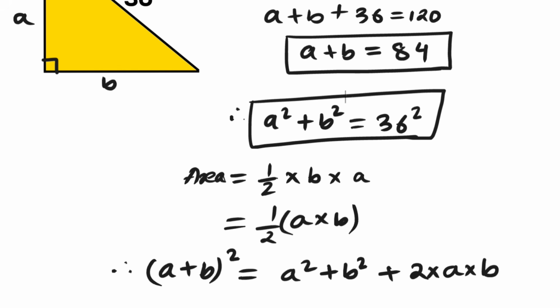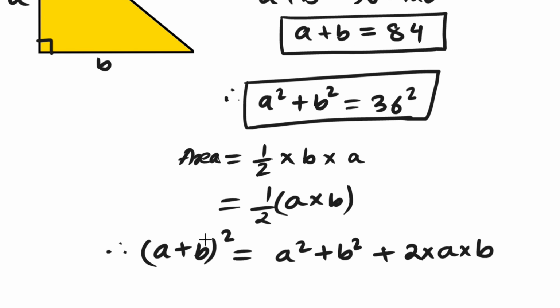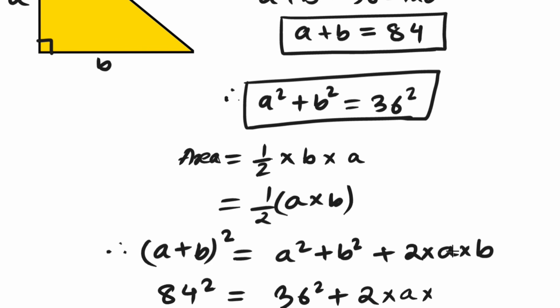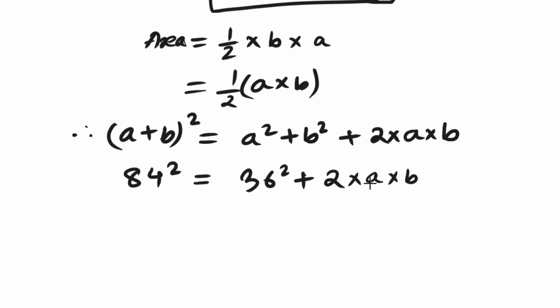Now let's substitute those values. Since A plus B equals 84, the left side becomes 84 squared. Since A squared plus B squared equals 36 squared, the equation becomes 84 squared equals 36 squared plus 2 multiplied by A multiplied by B. Now let's isolate the 2 multiplied by A multiplied by B term.